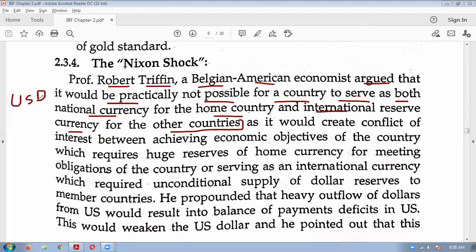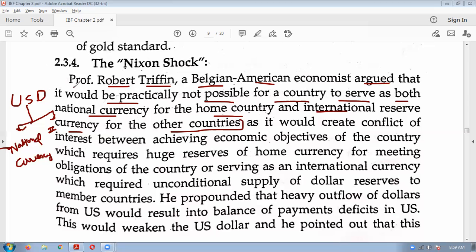Now US dollar was acting as two currencies. One was the domestic currency, that is the national currency for USA, which is the home country. Okay, so dollar was a home currency for USA, and it was also an international currency for other countries, because we know dollar and gold were treated as reserves which other countries will have to maintain for balance of payments system.